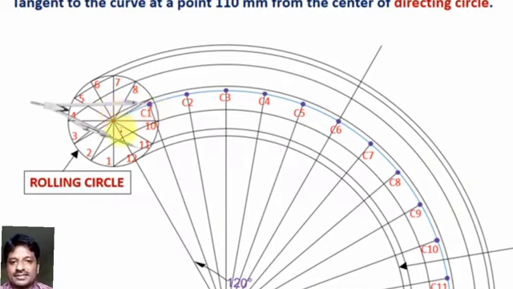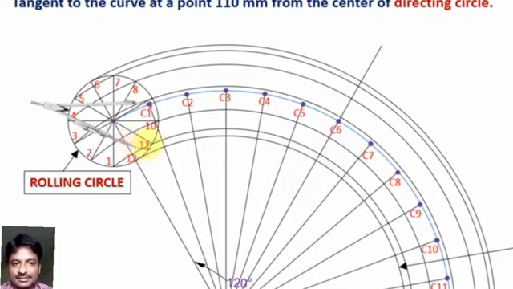Now this represents a point, and these are from C1 to C12. All the intersecting points are marked from C1 to C12. Take the compass and open your compass equivalent to the radius of the rolling circle, which in our present case is 25 mm. And from here, mark an arc over here.